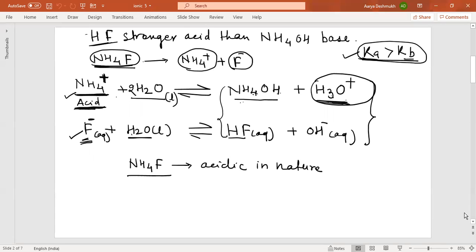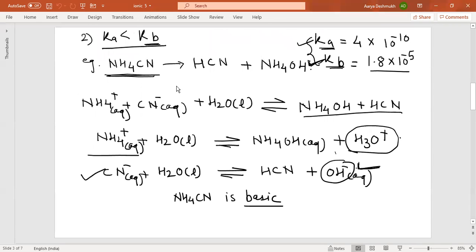Now the next case, we'll go to the next slide. The situation is like this. If Ka is less than Kb, it means acid dissociation constant is less than base dissociation constant. Earlier we have seen that Ka was greater than Kb. Now exactly the opposite thing. For example, ammonium cyanide. It is the salt of HCN and NH4OH, isn't it?